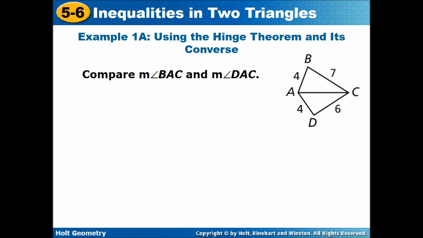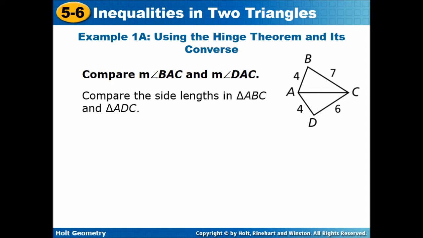So BAC is going to be that portion of angle A that applies to the top part of this polygon above line segment AC, and DAC is that part of angle A that's the bottom part of the polygon, where you're dealing with triangle ADC. All right. So first we're going to compare the side lengths in triangle ABC and the side lengths for ADC.